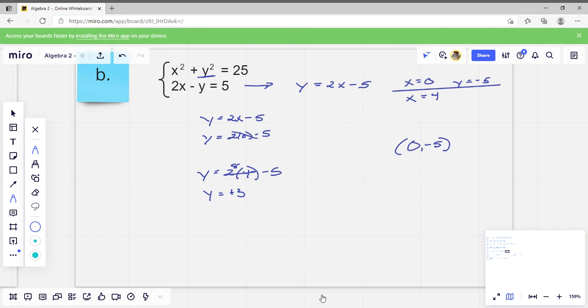I don't know why I thought negative. I was thinking 5 minus 8, but it's 8 minus 5, which would be 3. So y equals 3. So this second point would be 4, 3. And that's the answer to that one. All right, that's all for lesson 85.